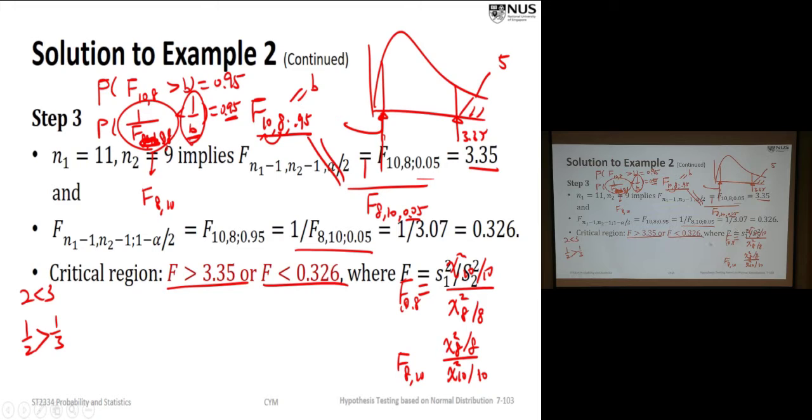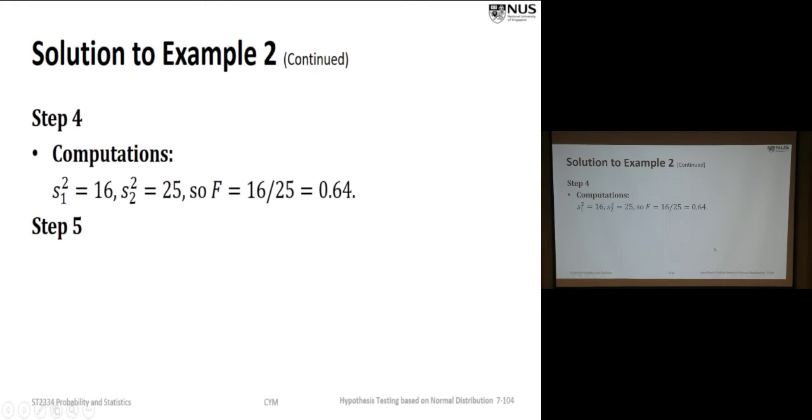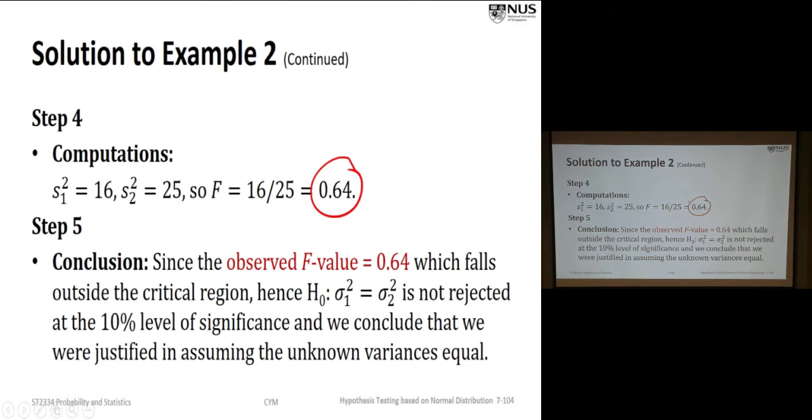Then from here, we compute from our data. It turns out to be 0.64, which is not that small. So we do not reject the null hypothesis. That means, based on the data, we don't have evidence to say that sigma 1 squared is different from sigma 2 squared.